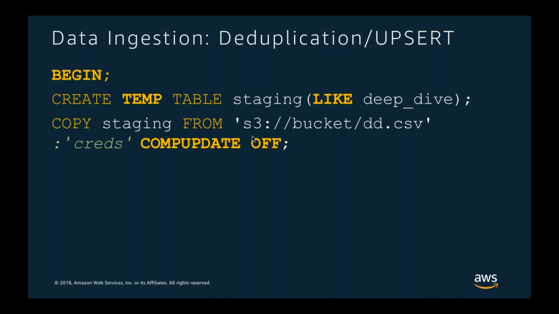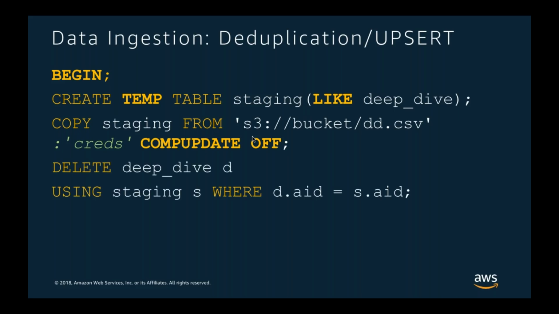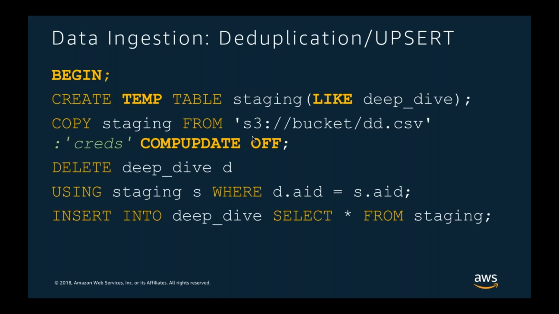So you trigger the copy command, data gets copied into the temporary table, and then you say delete from production using staging, where ID from production is equal to ID from staging, right? And then you insert from staging into production, drop the staging table, and commit, right? So this is the classic UPSERT recommendation from our side.